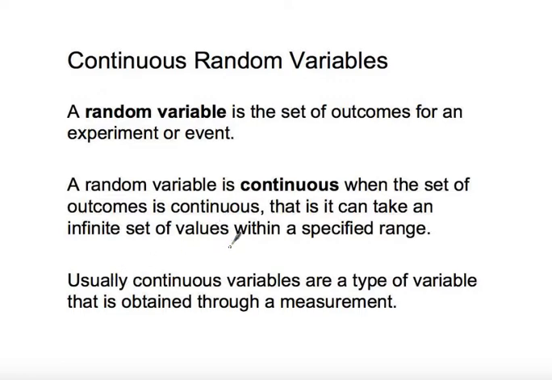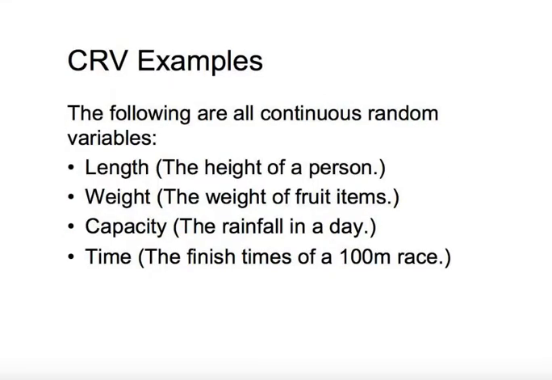And an easy way to identify a continuous random variable is often it's a type of variable that's obtained through a measurement. So all of these are types of continuous random variables. We've got a length, so the height of a person. We've got weight, it could be the weight of fruit items, capacity, the rainfall in a day, or time, the finished times of a 100 meters race.